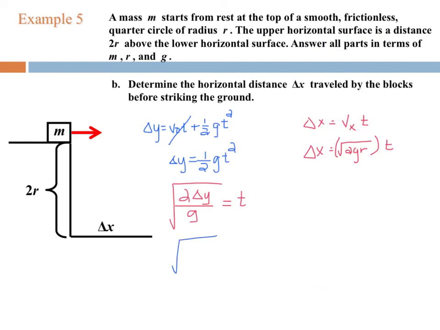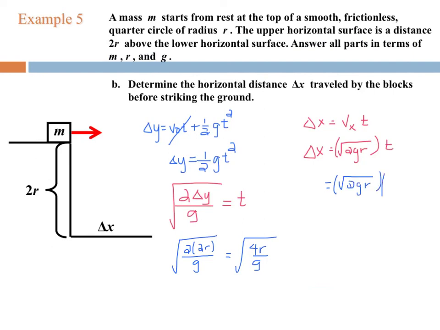So that we can rewrite this as 2 times 2r over g, which cleans up to 4r over g. And I'm going to leave the 4 in for right now so I can make the substitution over here. So square root.